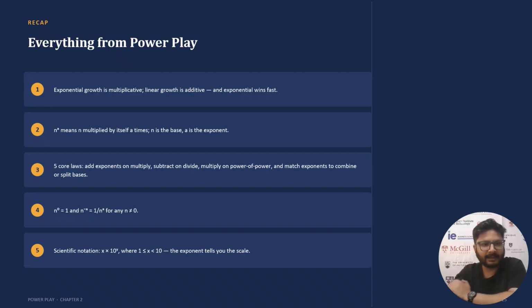Perfect. So I think we have completed the entire chapter of power play. We have discussed the different laws of exponents. We have discussed the use of exponents. We have discussed that there are some very large or very small numbers which can be written in the format of scientific notation, which will help in reducing the effort of writing and maybe to some extent calculation also.